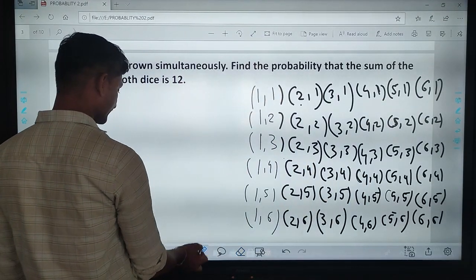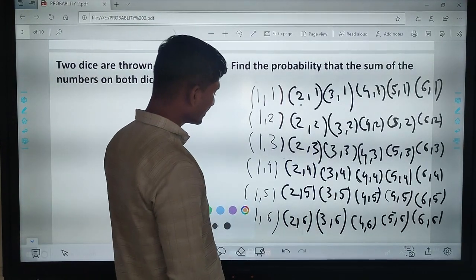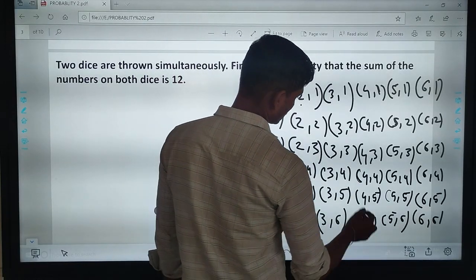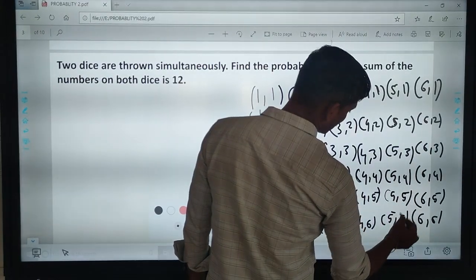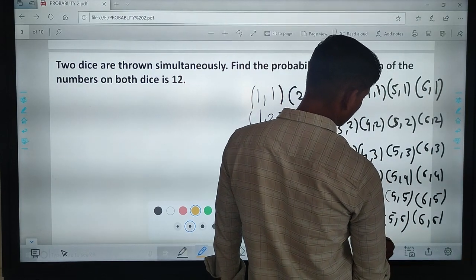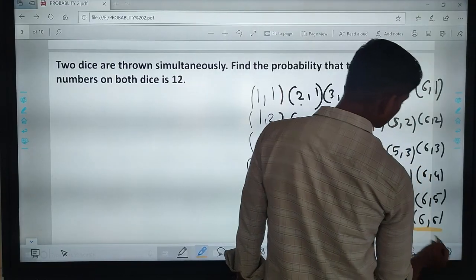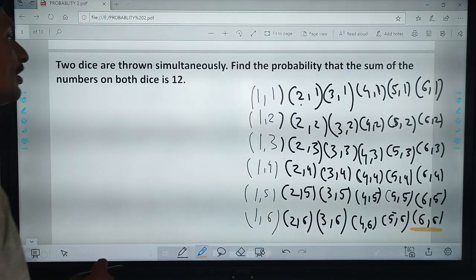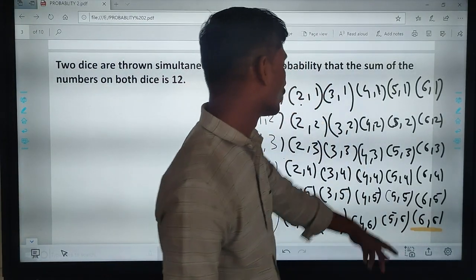Now here we write the sample space, then their summation is 12. 6 plus 5 is 11, 12 is 6 plus 6. Now both dice with sum 12 is only one sample.